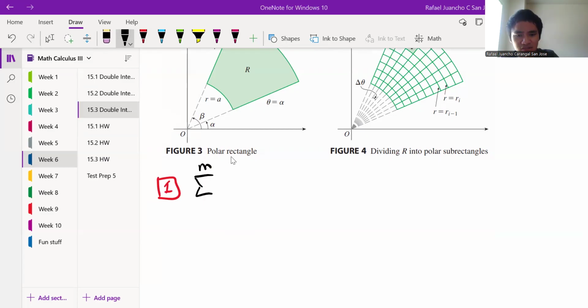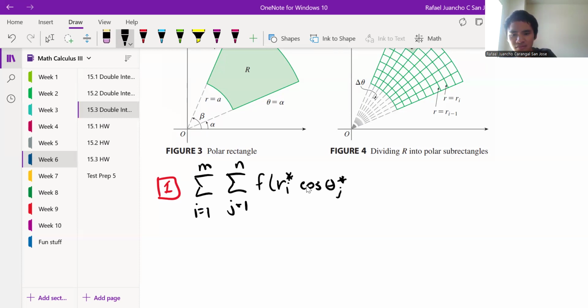I think this was i, then some n, some j, then f, and then some r sub i, some sample of r, and then some sample of theta, and then r sub i, and then some sample again of theta, but this time with sine.